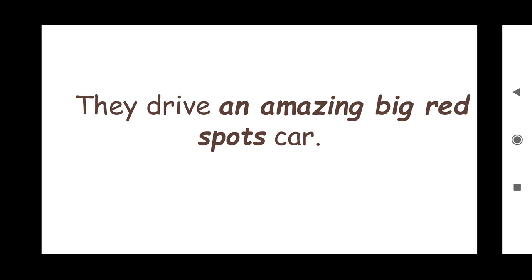In this sentence, for example, we know that they drive one car. We know that because we said an amazing big red sports car. So remember that adjectives give us information about nouns and pronouns, and they answer questions like what type, what color, what size, etc.